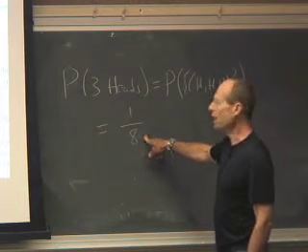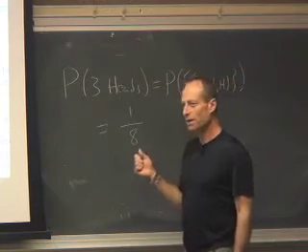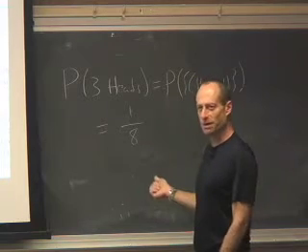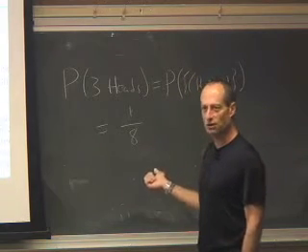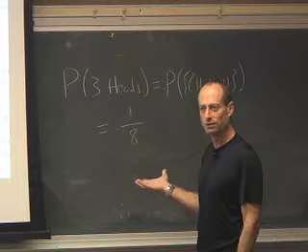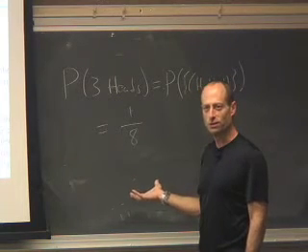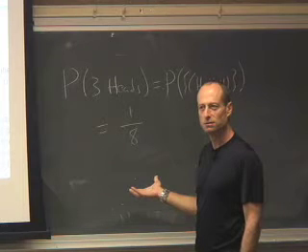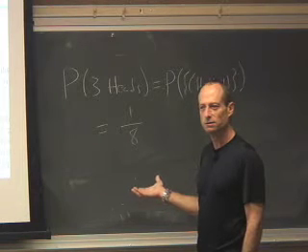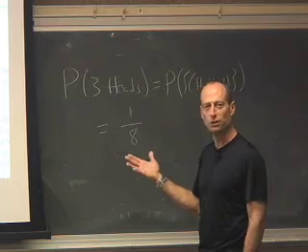Okay, so now suppose that somebody tells me that the first toss gave me a head. What's the probability that I get 3 heads in the 3 tosses in all? All right, so I've learned something new.